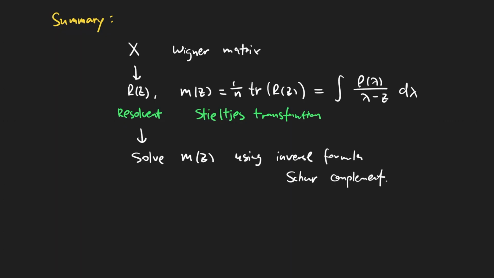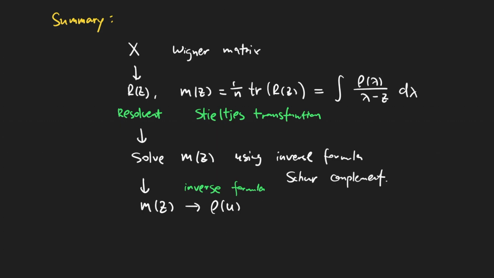Once we solve that, we can use the inverse transformation from m of z to the density function rho. We can just use the inverse formula for the Stieltjes transformation. That is the idea for the entire derivation.